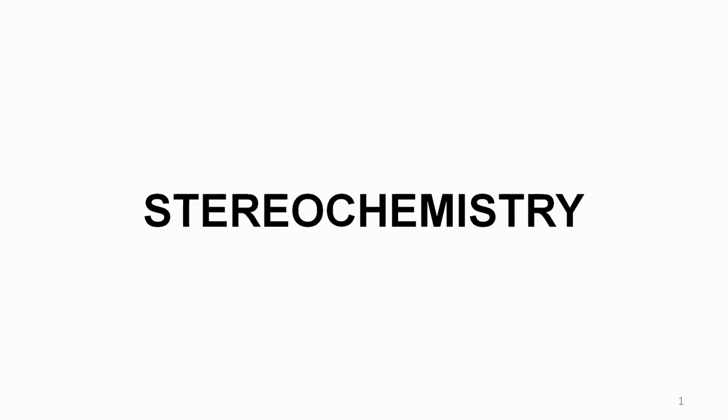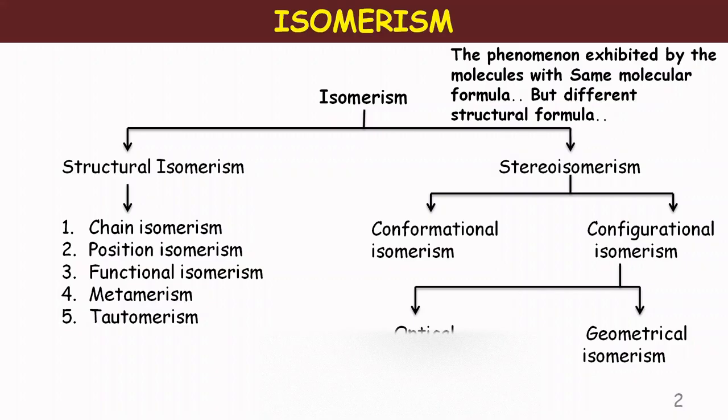In the first week, we will learn about isomers and their classification. The word isomerism originated from the Greek word isomer. Iso means same, mers means parts. When two or more organic compounds having similar molecular formula but exhibiting differences in their chemical or physical properties are called isomers, the phenomenon is known as isomerism.